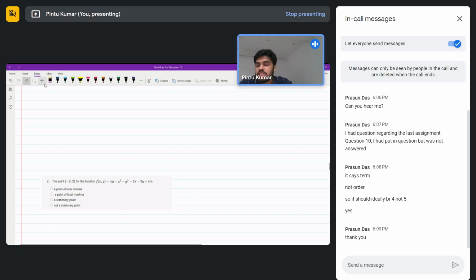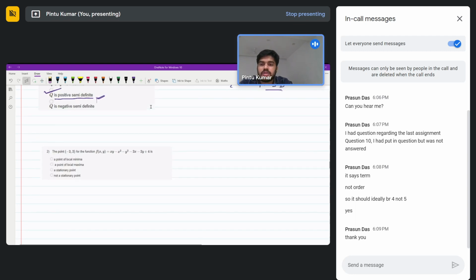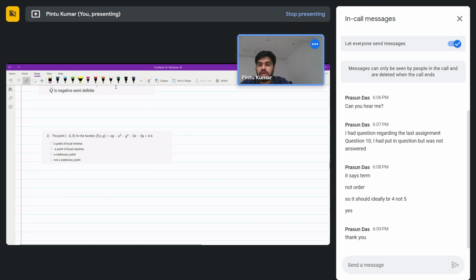Okay. So for this problem, I'll give you a hint and first let you try, and then I'll try to solve. You are given a function of two variables, and you have been asked to check whether this point minus 2 comma 2 is a point of local maxima or local minima, or is it a stationary point, or is it not a stationary point, right?